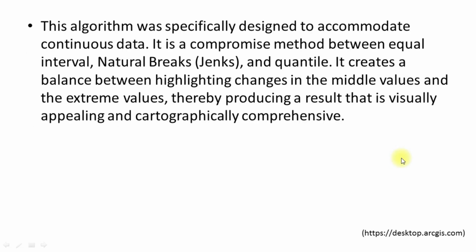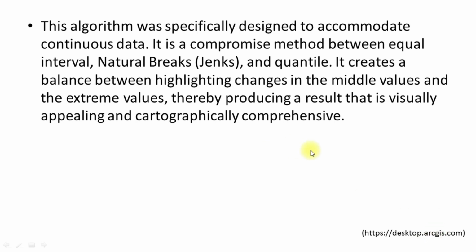This algorithm was specifically designed to accommodate continuous data. It is a compromise method between equal interval, natural breaks and quantile. It creates a balance between highlighting changes in the middle values and the extreme values, thereby producing a result that is visually appealing and cartographically comprehensive.